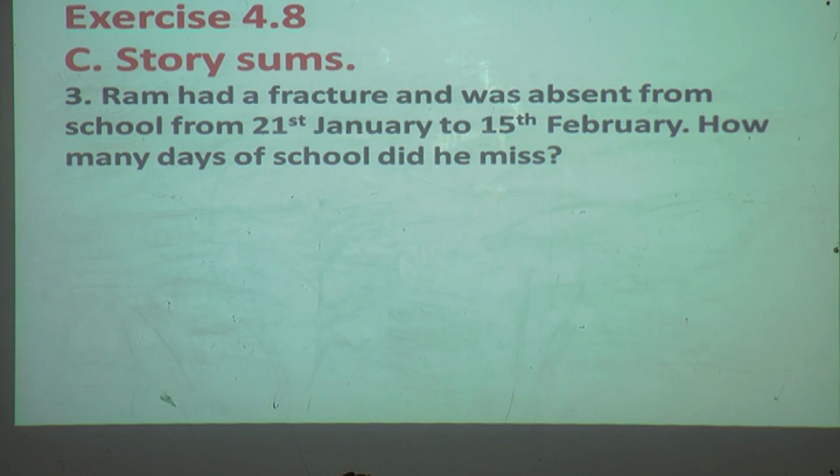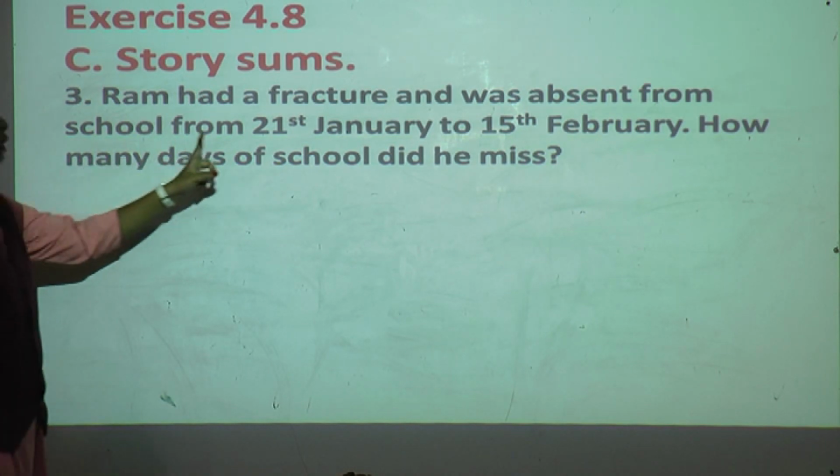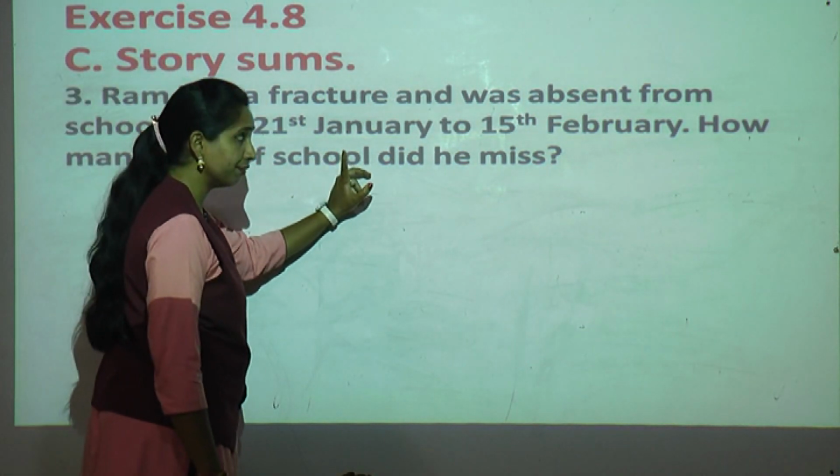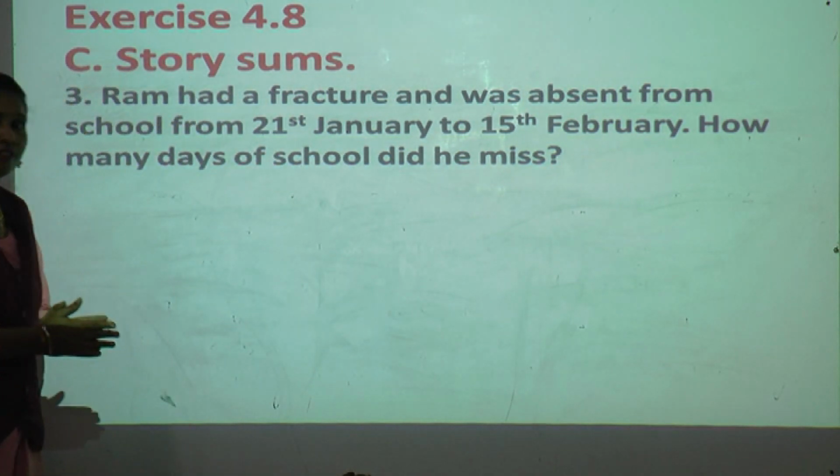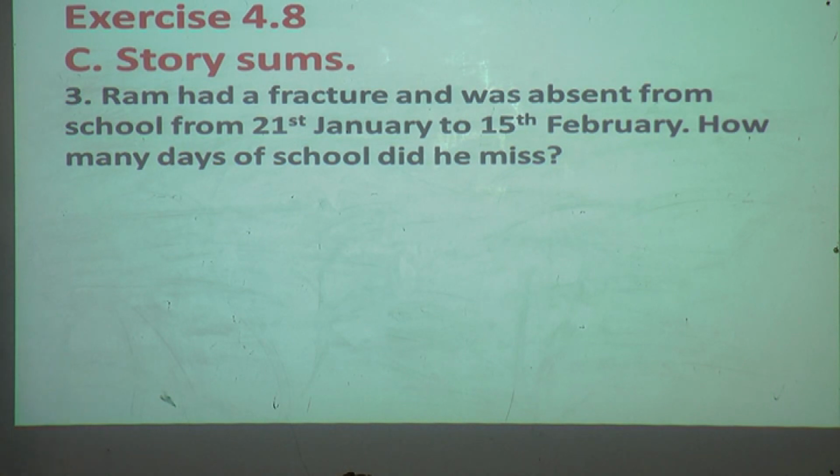He had a fracture. If you have a fracture, will you come to school? No. You will be having pain, so you will not come. Same with Ram, he had a fracture, so he was absent from school from 21st January to 15th February. Now we have to find out how many days he missed school. Okay. Now we will see.